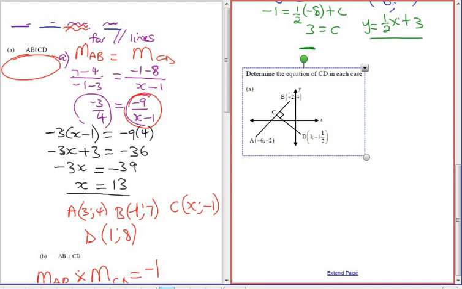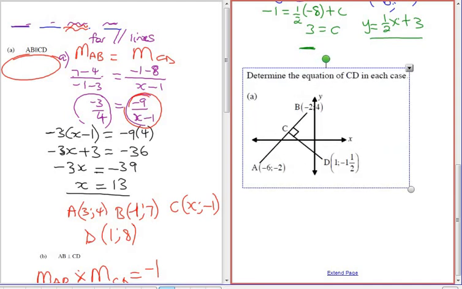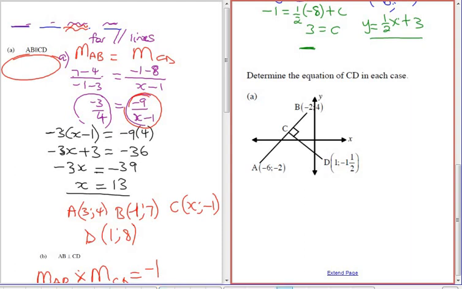Let's put it at a place where we can easily see everything. I want you to determine the equation of this line CD over here. Let's rather highlight it in red then. This line CD, as you can see, is perpendicular to AB.